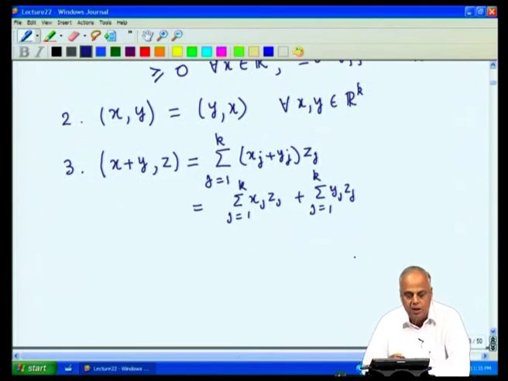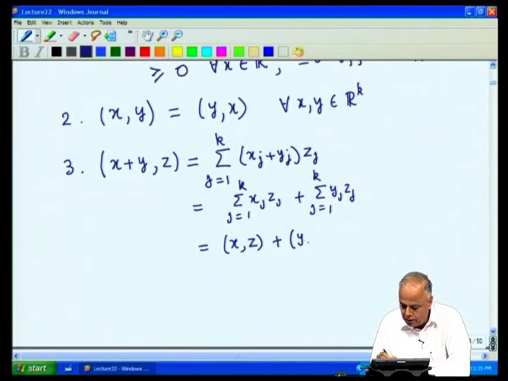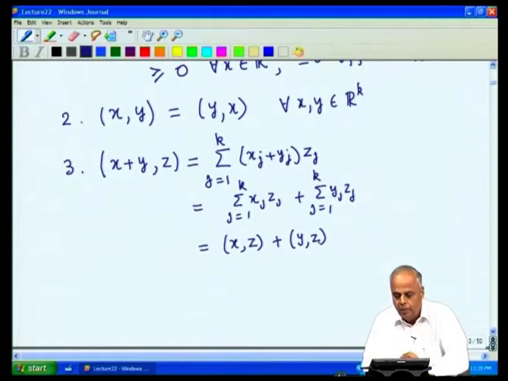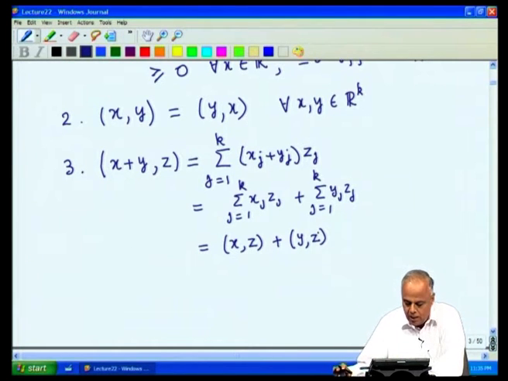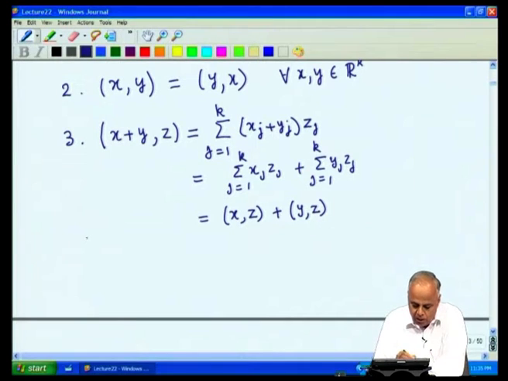But this first sum is nothing but the inner product of x with z, plus the second term is the inner product of y with z, which simply boils down to saying that this inner product is distributive from the right. X plus y comma z is x comma z plus y comma z.